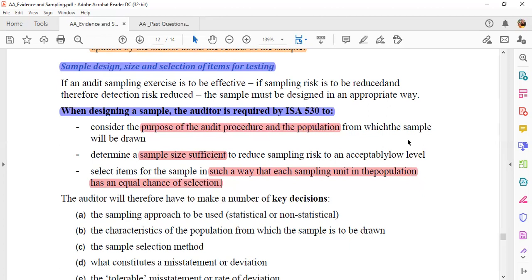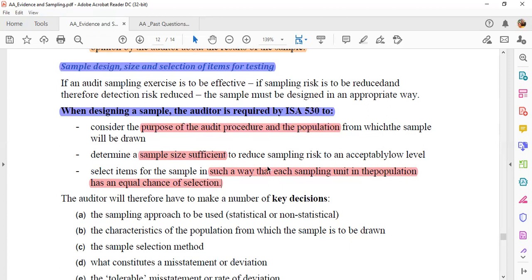Then select items from the population using random selection, because with random selection each item within the population has an equal chance of being selected. Determine a sample size sufficient to reduce your detection risk to the barest minimum.